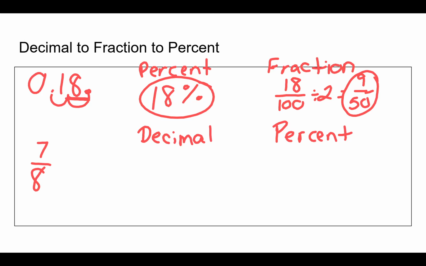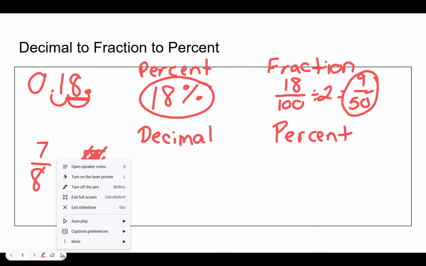So 7/8, also known as 7 divided by 8. So if we're trying to find the decimal version of 7/8, I can take 8 divided by, oops, I did that backwards. Sorry, 7 divided by 8.